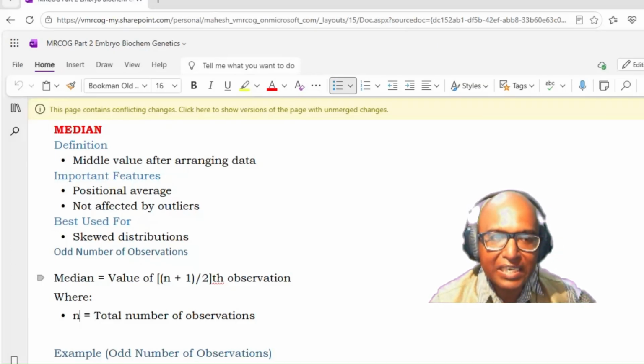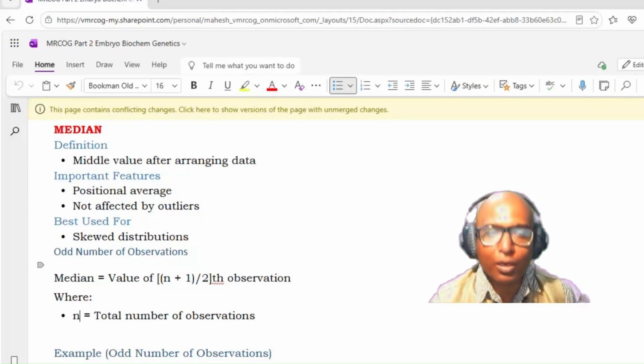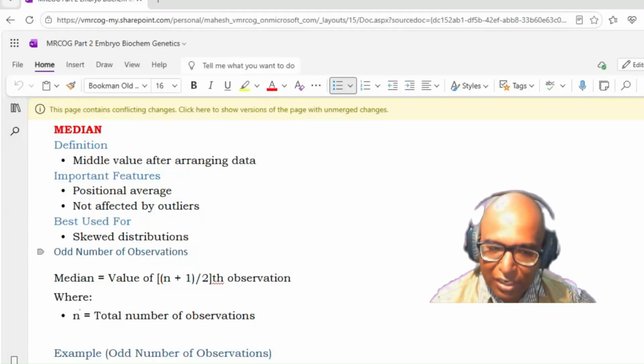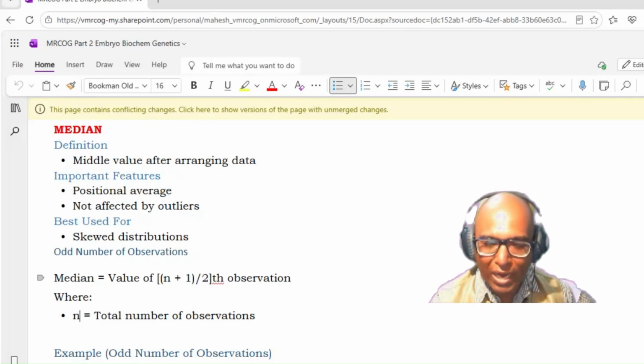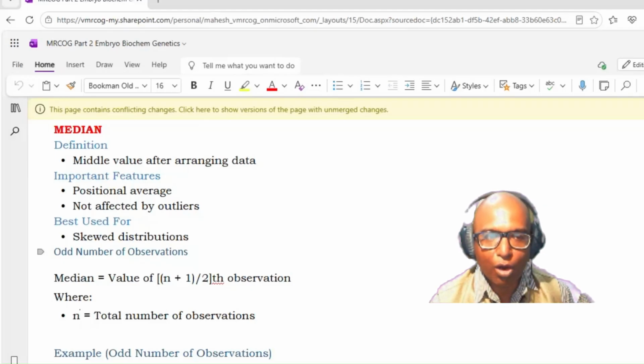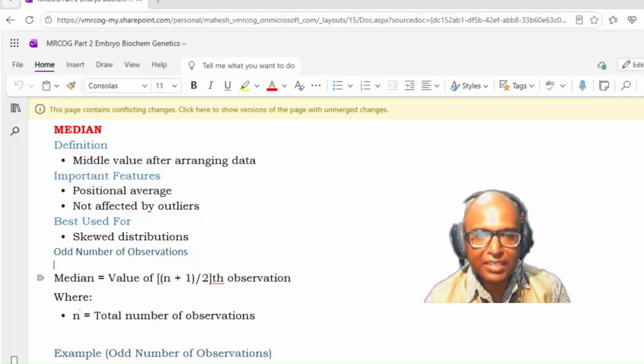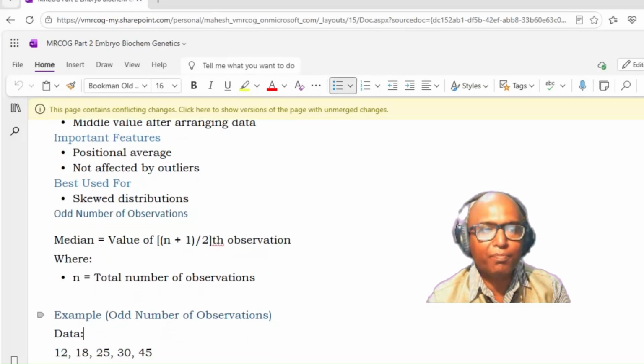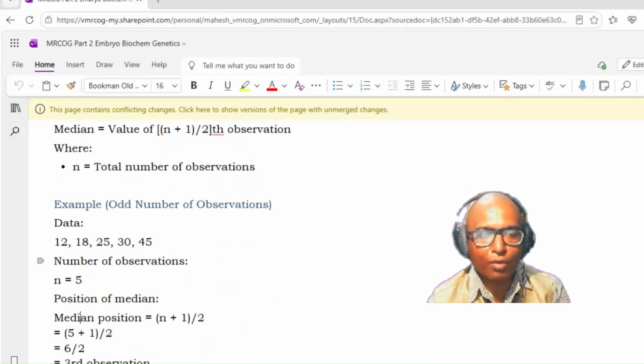If you have 7 observations, then 7 plus 1 divided by 2 is 4, so the fourth value will be your median. So if you get an odd number of observations, it is easy, just use the n plus 1 by 2 formula.